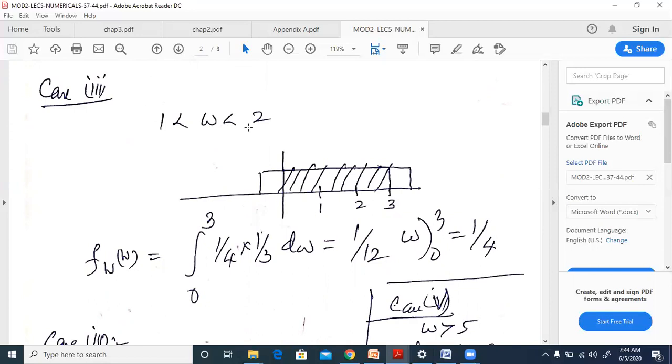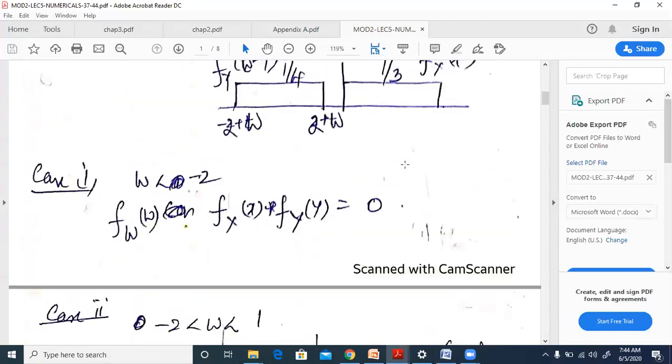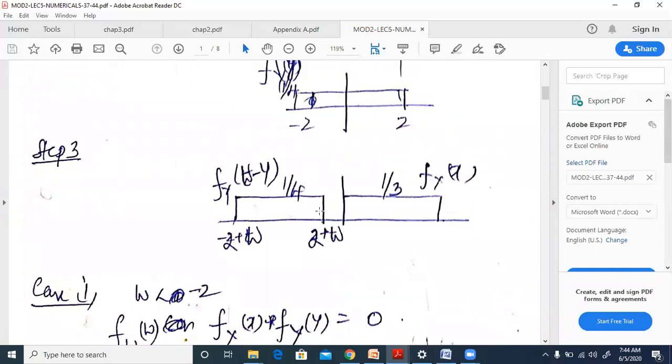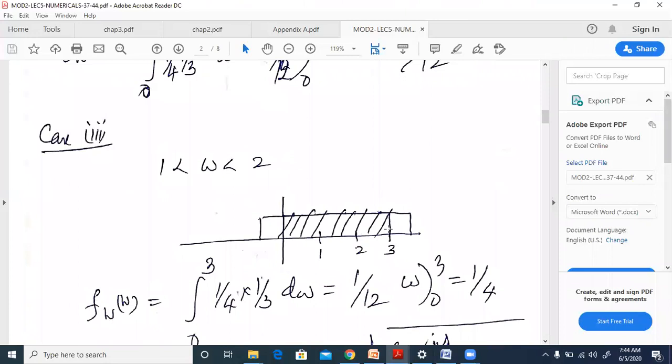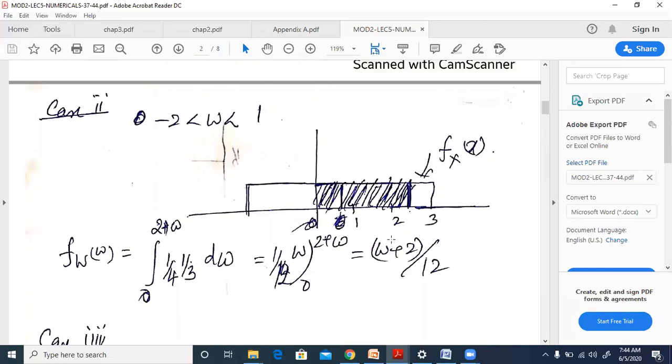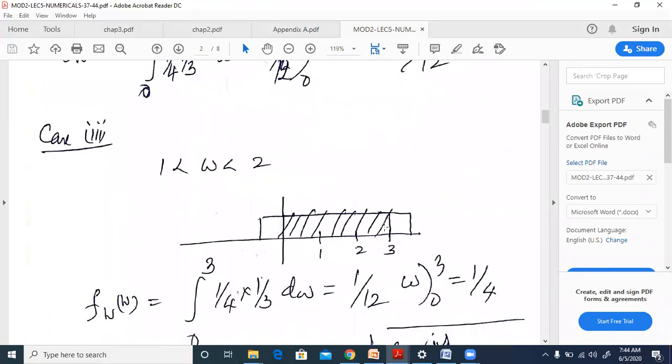Once this range is over, w should cross 2. Now we had between 1 and 2 full overlap. Then this point crosses this, and we get partial overlap. We know that this point is 3 as well. Once this point crosses this, we will get partial overlap.